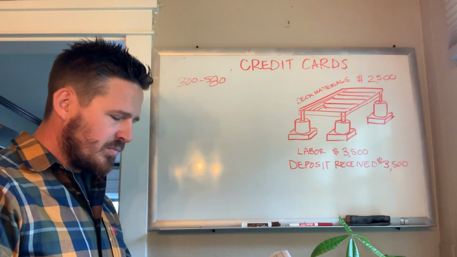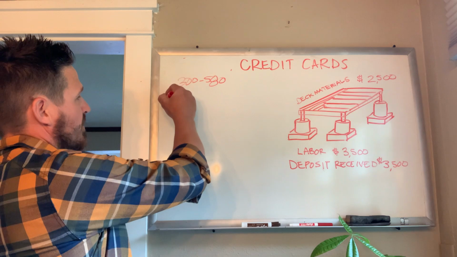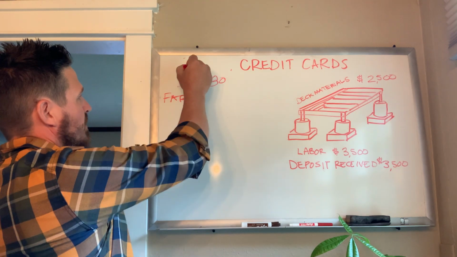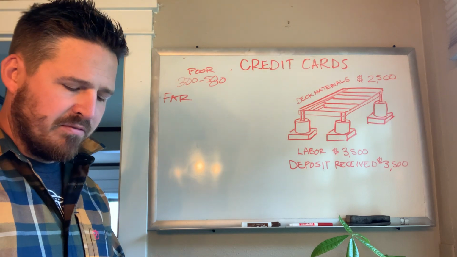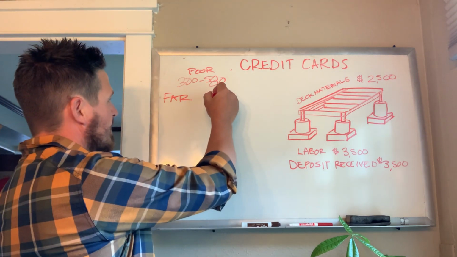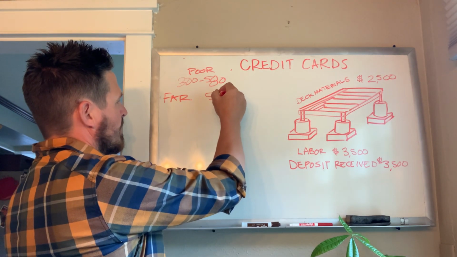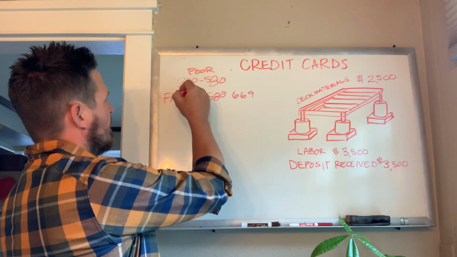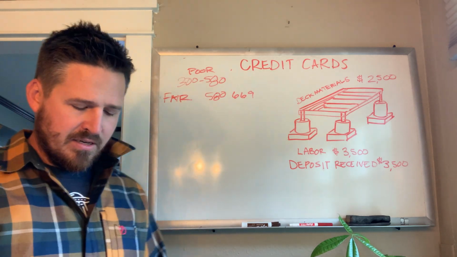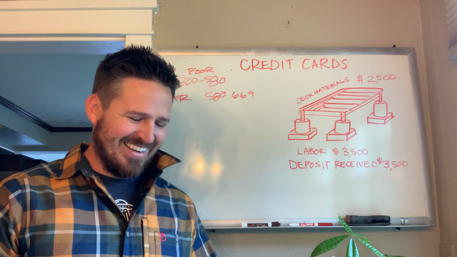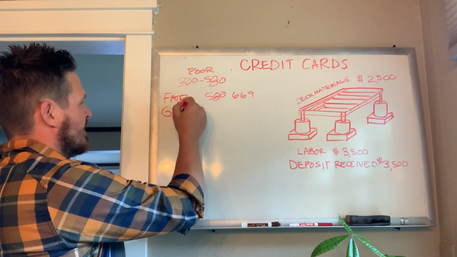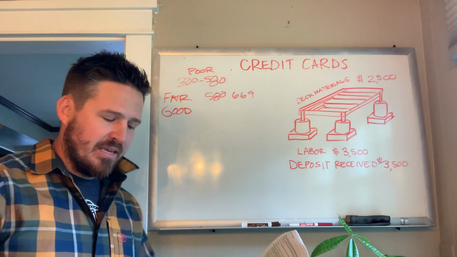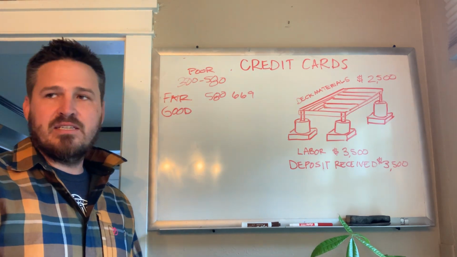So a fair credit score is between 580 and 669, and there is an I in fair. A good credit score is the next, and that is 670 to 739.